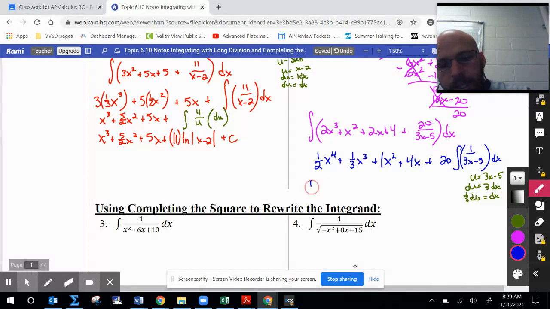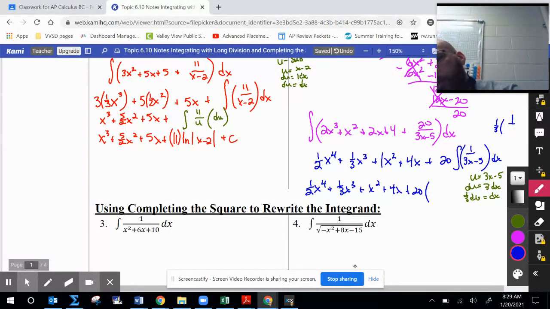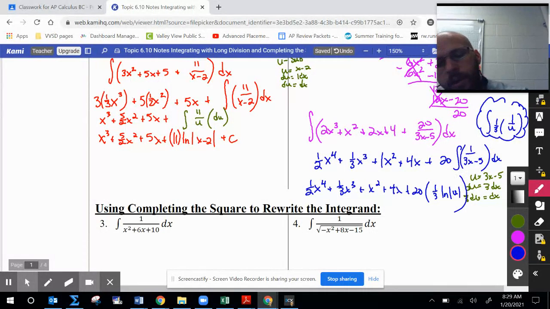So I'm going to get an answer of plus 1/3 x cubed plus x squared plus 4x plus 20 times, this would be a 1/3 times 1 over u, right? So that's what I'm integrating. So if I take the antiderivative of that, I get a 1/3 natural log of u, right? And then I would plug that u back in.